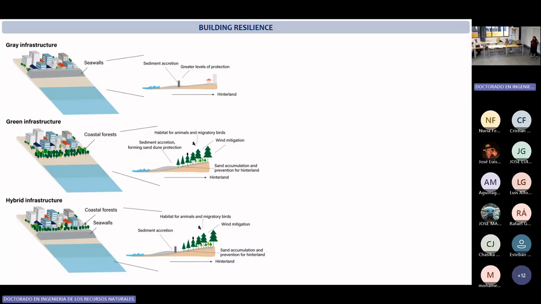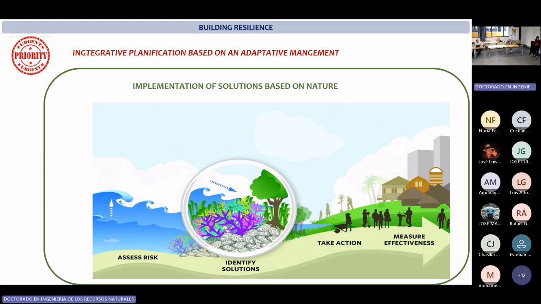We take nature to deploy some solutions, but we include other gray solutions to be able to maintain the solution in time, since the monitoring of nature-based solutions is not so easy. But we will see the differences. So I see gray solutions, green solutions, and hybrid solutions.